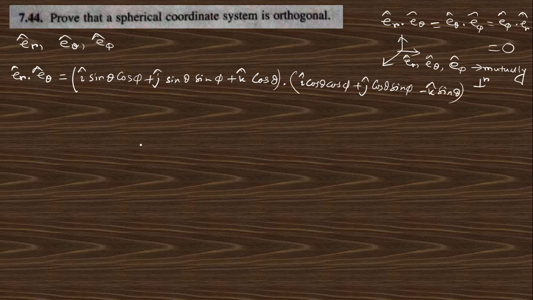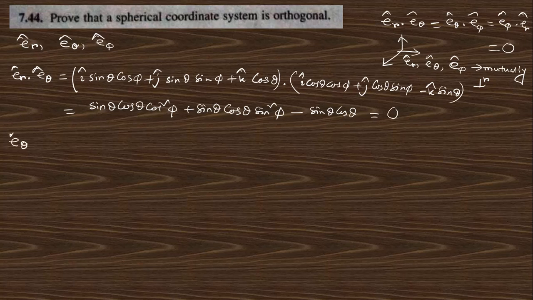Put the values of E r and E theta. I dot I, so this will be sin theta cos theta cos square phi, j dot j, that is sin theta cos theta sin square phi, and this is minus sin theta cos theta. If you take sin theta cos theta common, then cos square plus sin square is 1, so this will be sin theta cos theta minus sin theta cos theta, and this becomes 0.